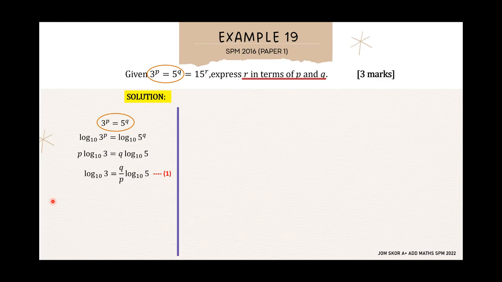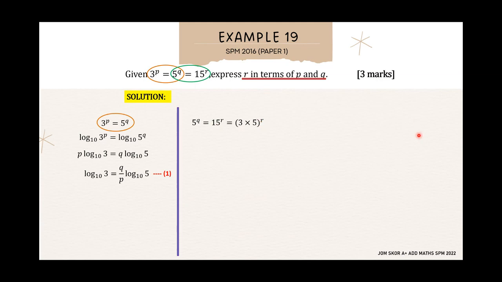Okay, so daripada soalan, jumpa pula expression yang kedua yang berwarna hijau. 5 to the power of q is equal to 15 to the power of r. Okay, ini sekarang teacher ubah daripada 15 to the power of r bersamaan dengan 3 times 5 to the power of r. Jadi simplify saja 15 saja.